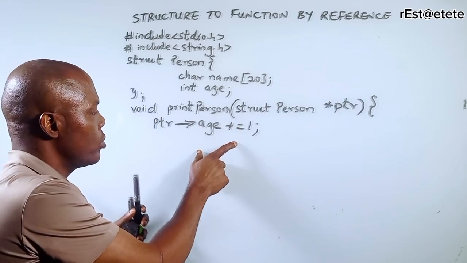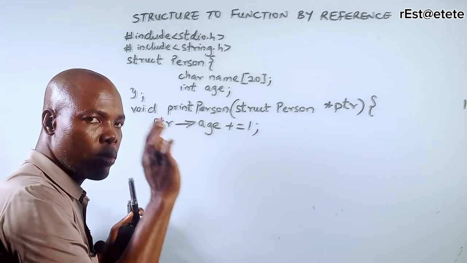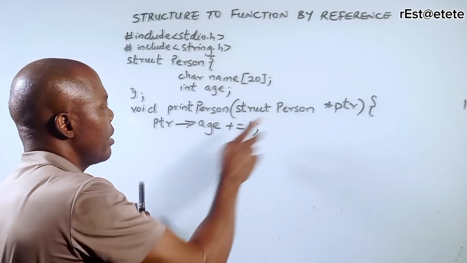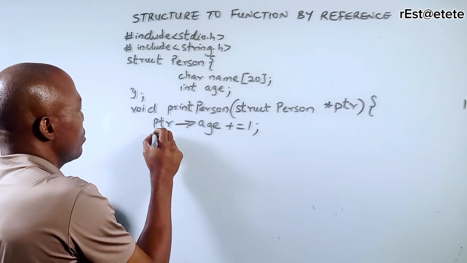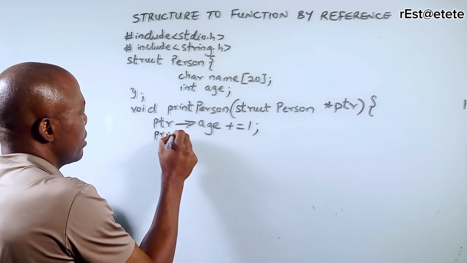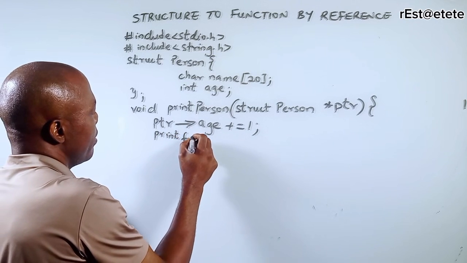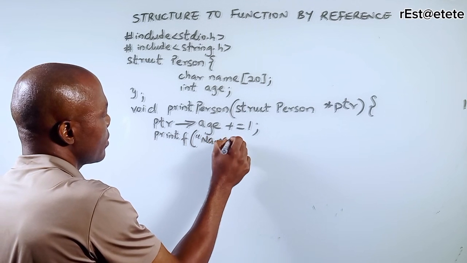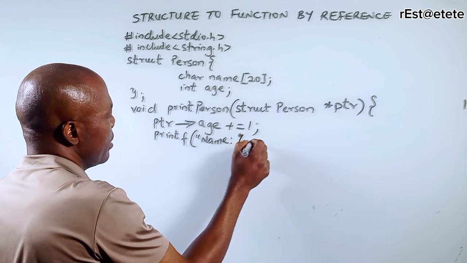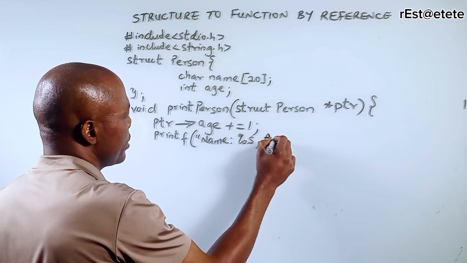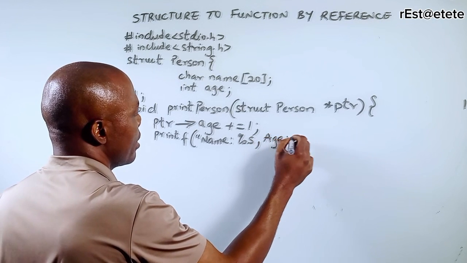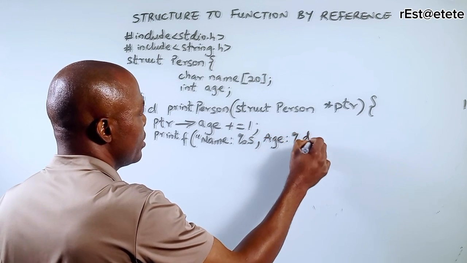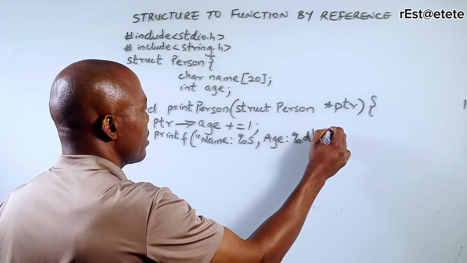Then I want this function to print out the value: printf name percentage s, comma, age percentage d slash n.